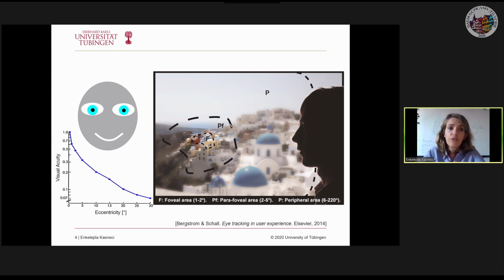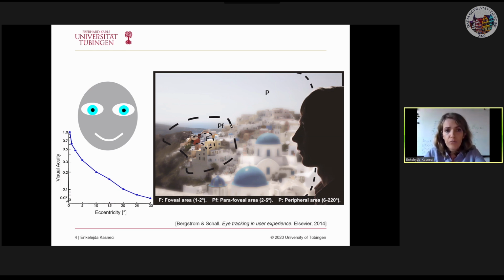At a reading distance, that would be just 2 to 3 characters, for example. Here, the visual acuity is at its highest and decreases towards the peripheral area, where we're mostly sensitive to motion.